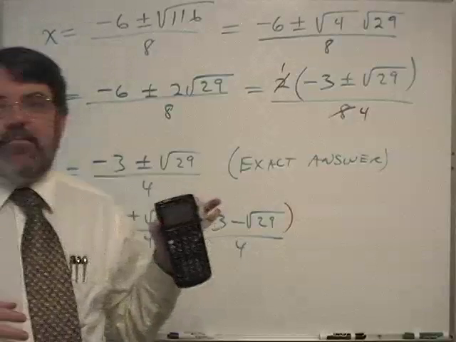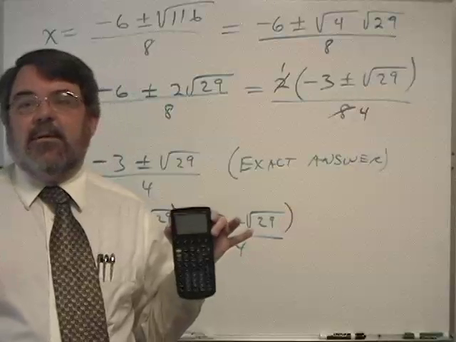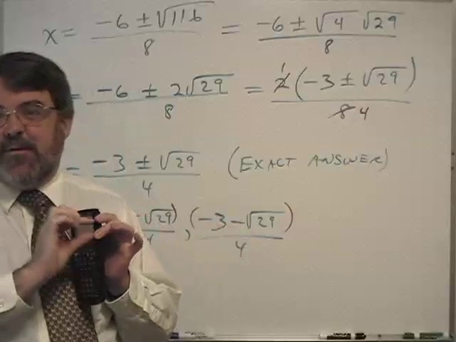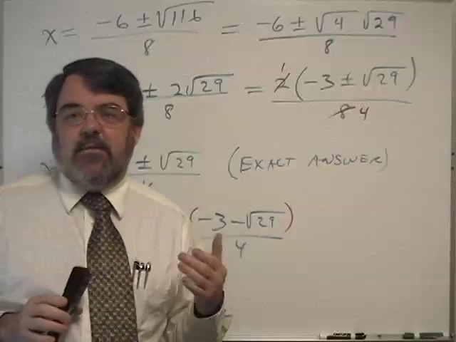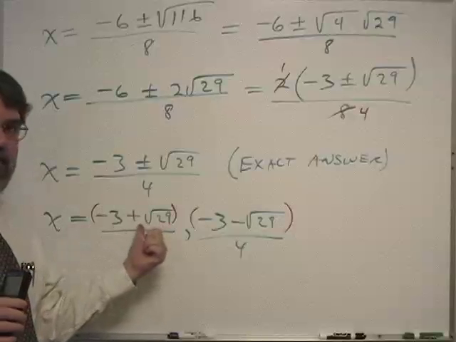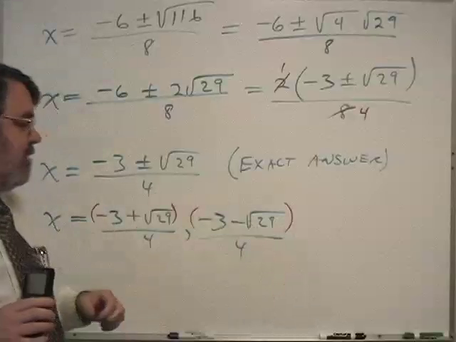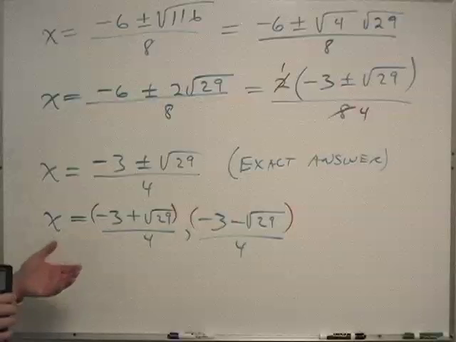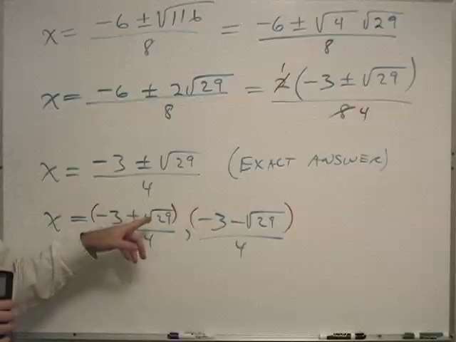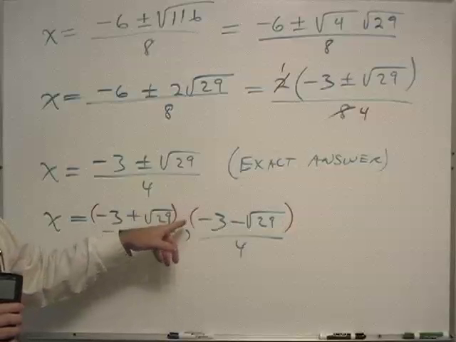Graphing calculators and many of the newer calculators, particularly the ones which show what you're typing on the screen, allow you to punch in the square root key first and then 29. On those calculators you would punch in left parentheses, -3 plus square root 29, close parentheses.